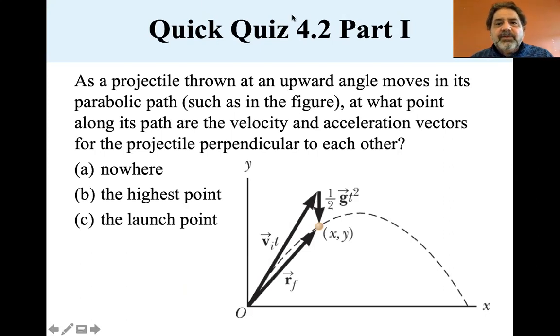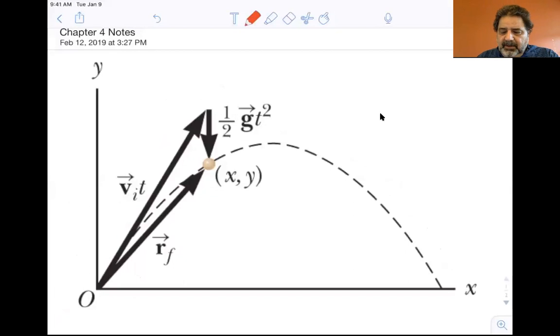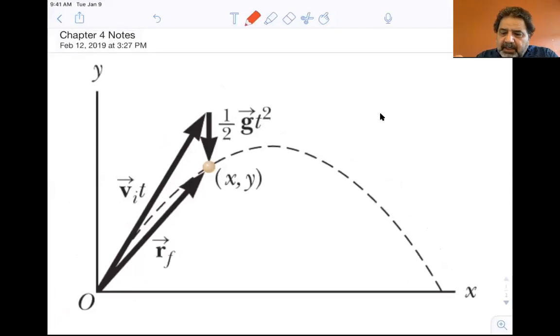Let me switch to the iPad. Hello, there it is. Okay, so we break this into an initial velocity.